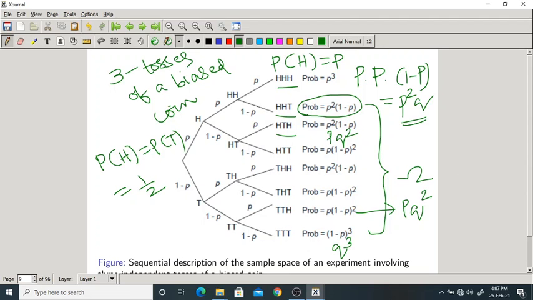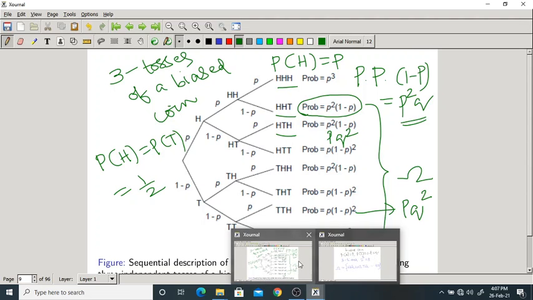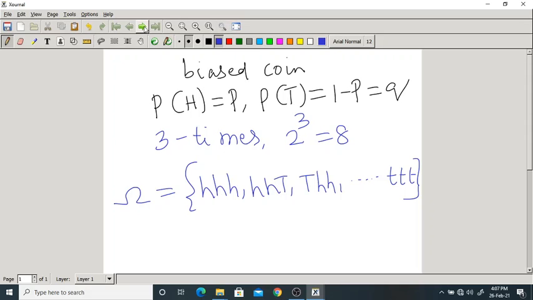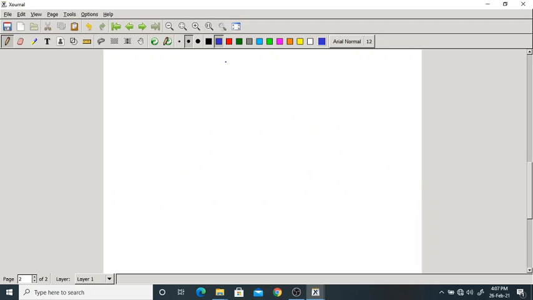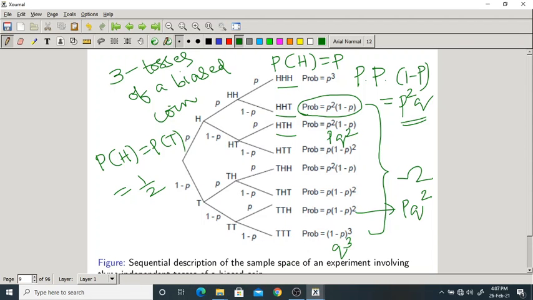Suppose in the same experiment I ask you a question: what is the probability of getting one head? How many such possibilities are there? There should be only one head.